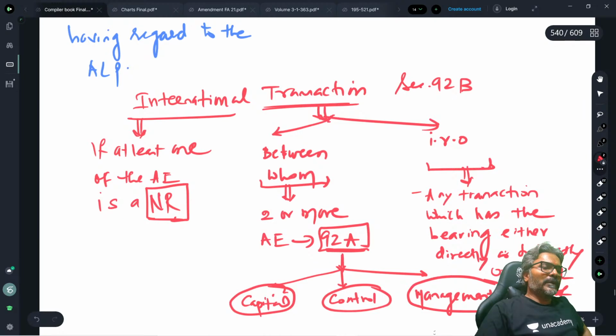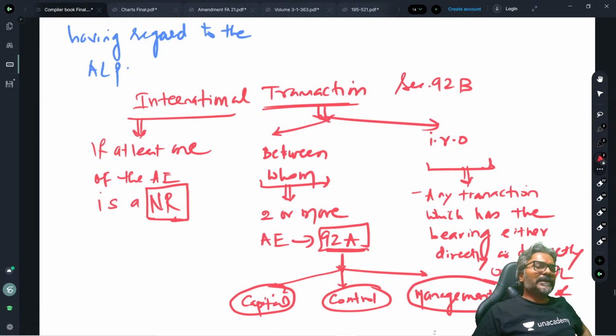So if at least one of the associated enterprises in the transaction is a non-resident, we can say that this particular transaction is an international transaction. Is that clear to all of you? Please tell me, students, quickly.